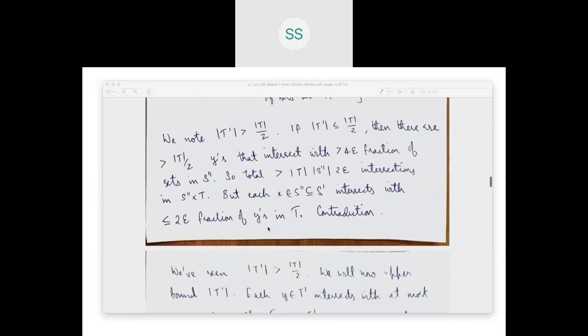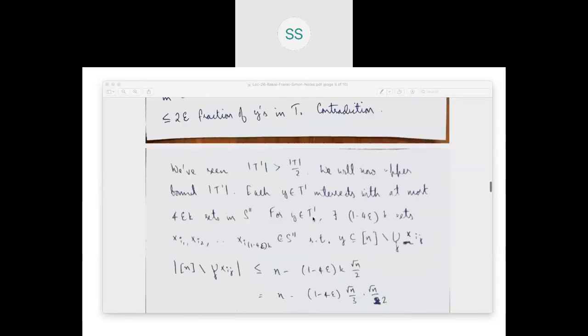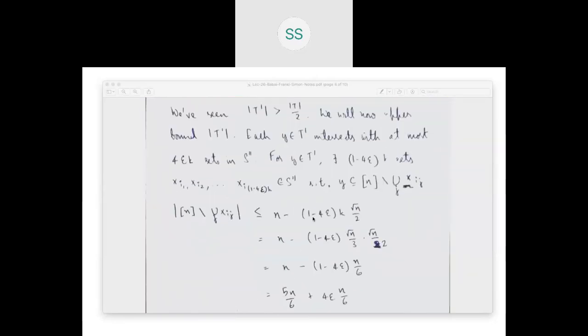We know by the property of the set S double prime that each xi has at least square root n by 2 new elements. So there are 1 minus 4 epsilon k sets, and each set brings in square root n by 2 new elements, where k is square root n by 3.